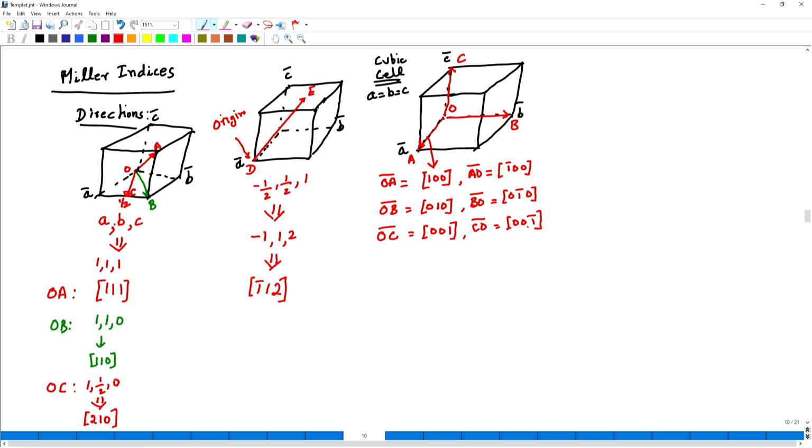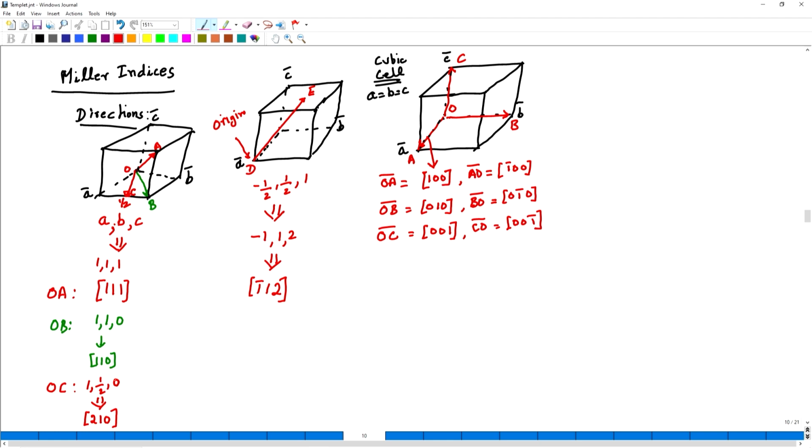Now, since this is a cubic cell, suppose it is drawn in a lattice with lattice points at the corners only. So, let us say primitive cubic. Then along the direction OA, the lattice points are going to be equally spaced with a distance of A. Along OB, since it is a cubic cell, again the spacing would be A. Similarly, along OC, the spacing of lattice points would be the same as for OA as well as OB.